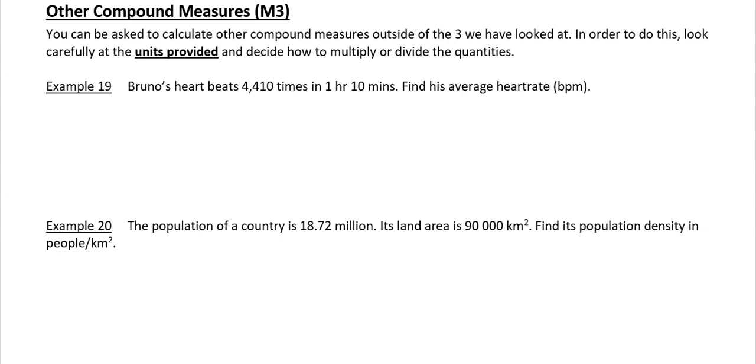In example 19, it says Bruno's heart beats 4,410 times in 1 hour 10 minutes. Find his average heart rate. Now we need to understand what this means. BPM means beats per minute. So the answer to this one is going to be the number of beats, which is 4,410.